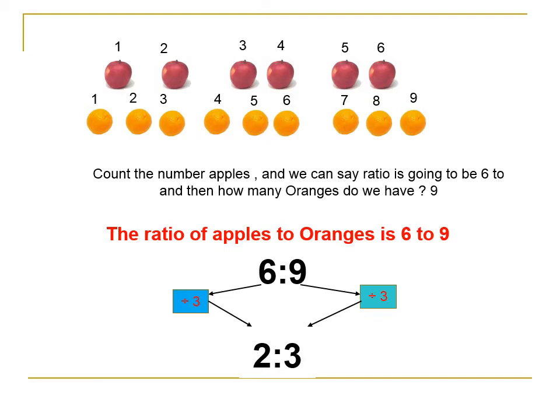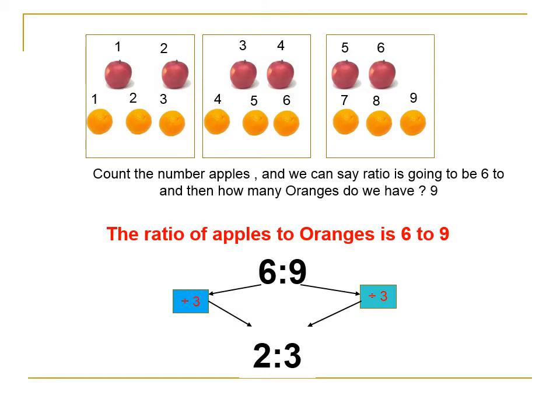Or if we want to use this notation, we will say 2:3. Now, we divide each of these groups into 3.